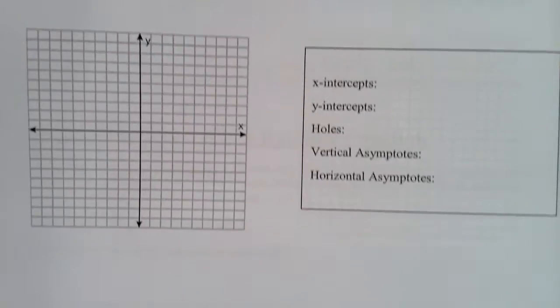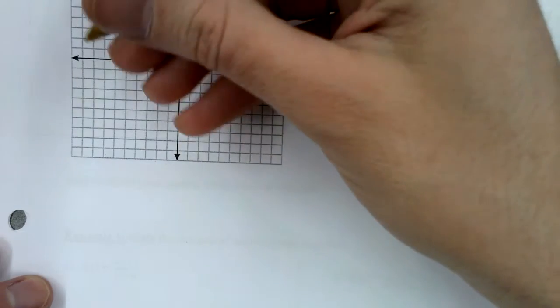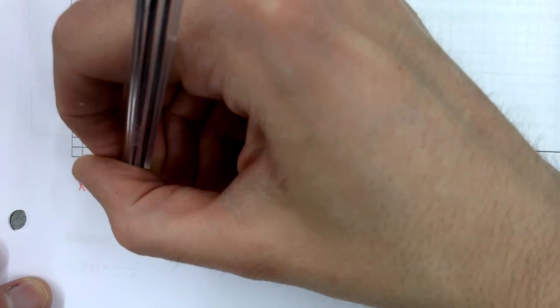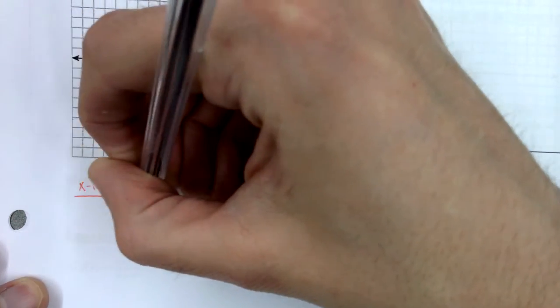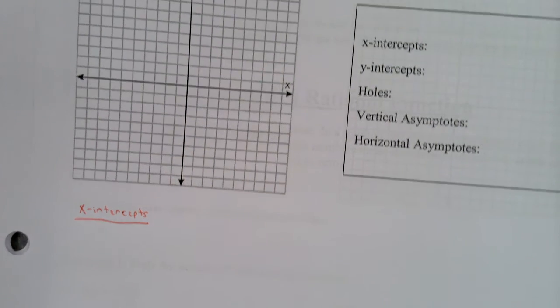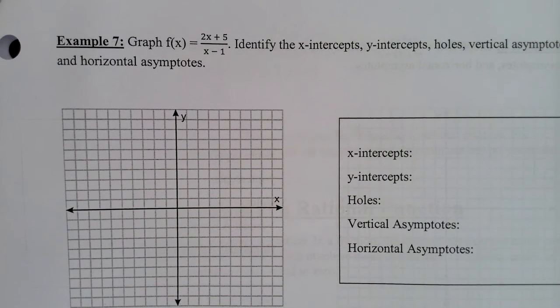Let's start with the x-intercepts. Could be more than one. Okay, so the x-intercepts, that was back on the first, actually the second page. Factor if necessary, eliminate the common factors, set the numerator equal to 0 and solve. Okay, so there are no common factors. There's nothing to factor.